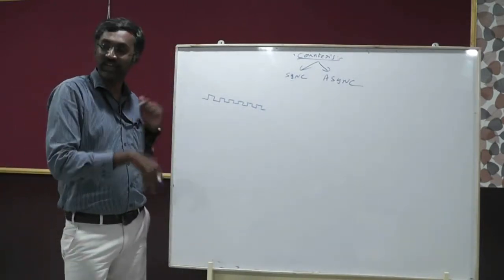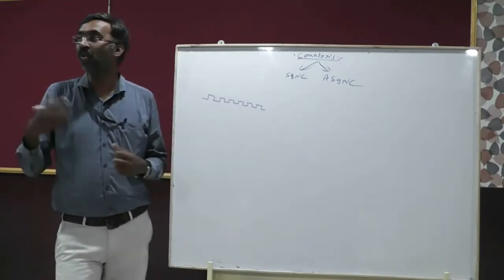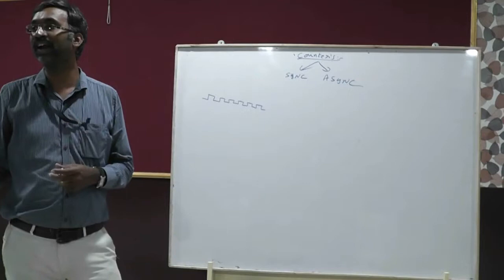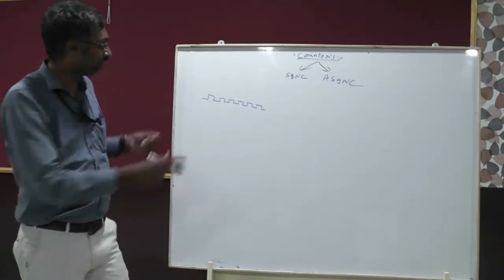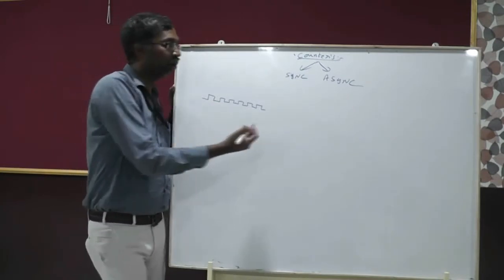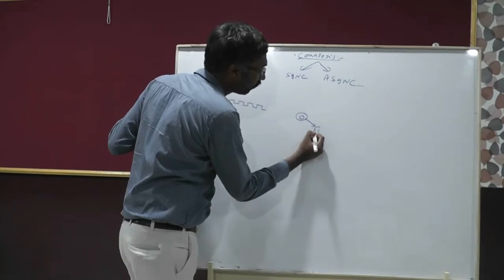Is there any other definition for a counter? Yes. A counter can be used to generate a particular sequence. In the earlier definition, let us assume the count is 0. If we increment it, it will be 1.